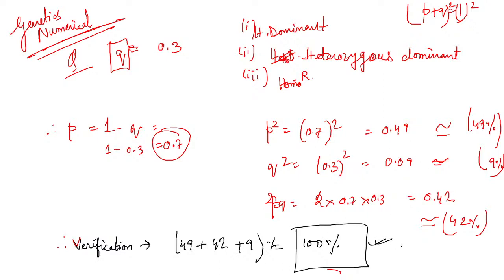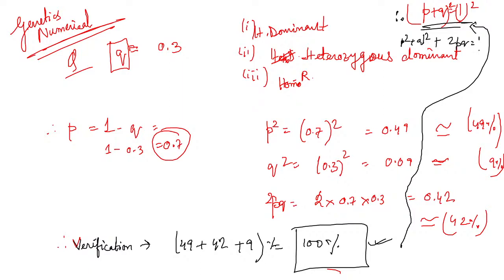So we have proved the Hardy-Weinberg principle, that is p plus q whole square always equals 1, or p square plus q square plus 2pq equals 1. So this was problem number 1. Similar problems we'll get. Let's move on to problem number 2.